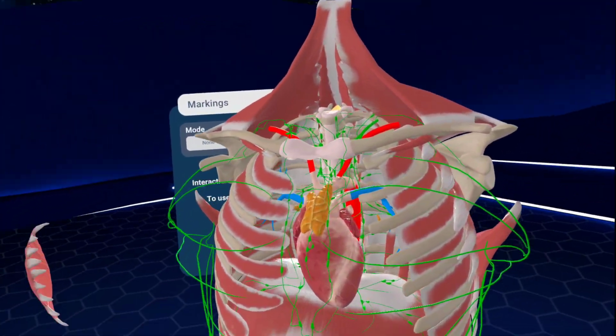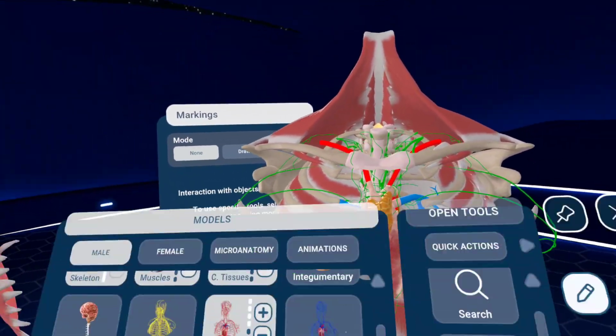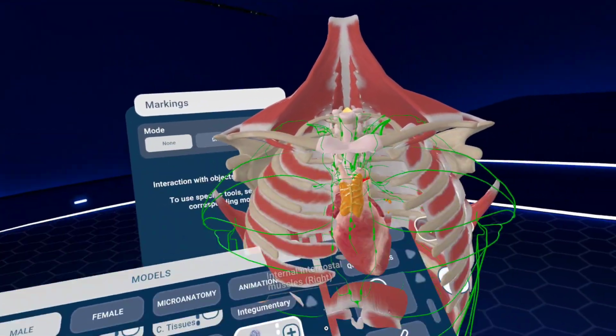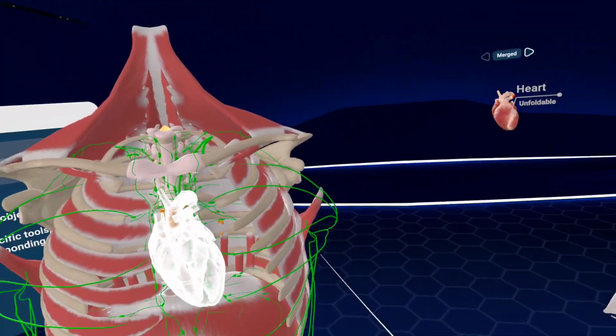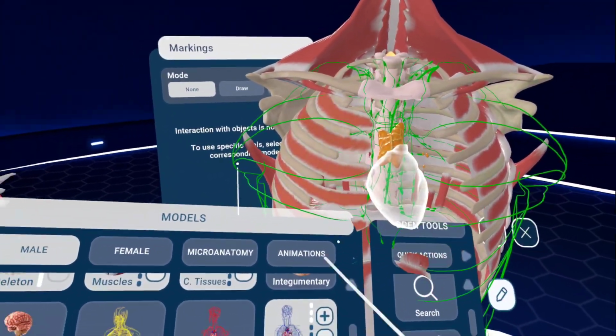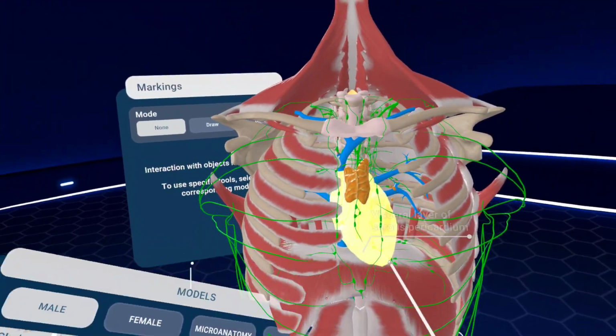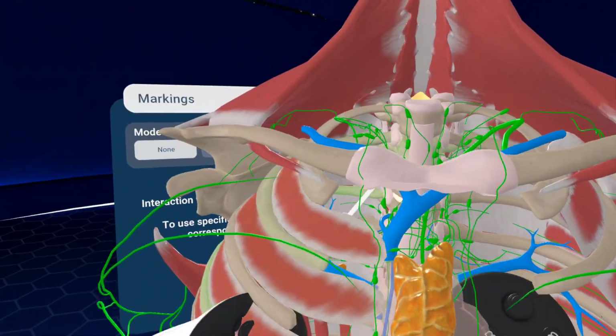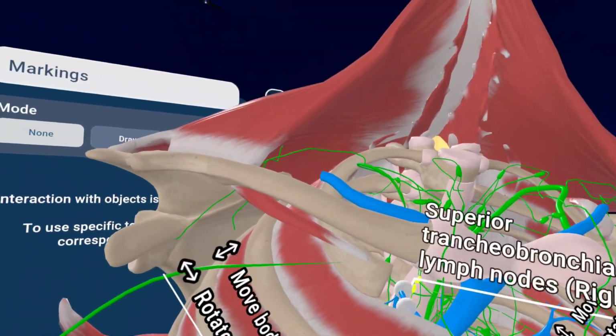So, let's talk about veins. The heart is really annoying. I'm going to remove it. Okay, there are the veins. Here we have the azygous vein. You can see it here. This is the azygous vein with two balls.